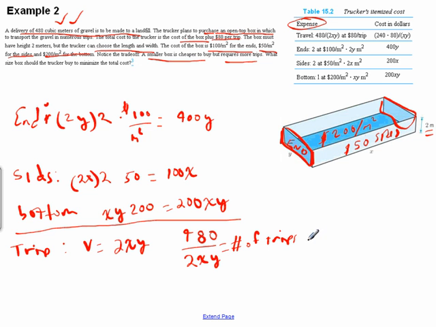And if I multiply that by $80 per trip, this is going to give me how much money I have to spend on the trips. Well, this ends up equaling 240 over xy times 80. Okay, so these are all of my expenses.